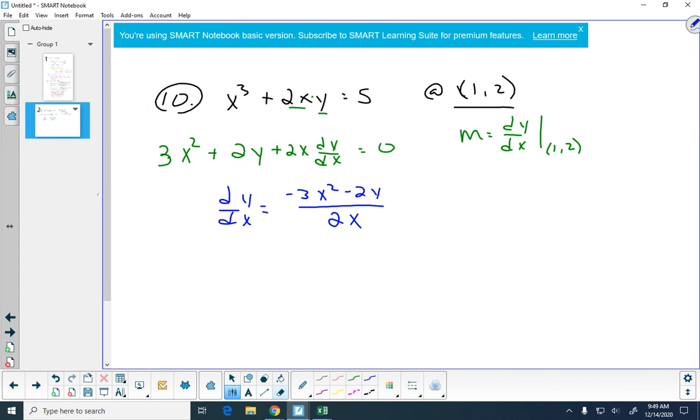So now we can sub in our values for x and our values for y. In for x, I'm putting in a value of 1. In for y, I'm putting in a value of 2. Liam, what do you get for your slope?